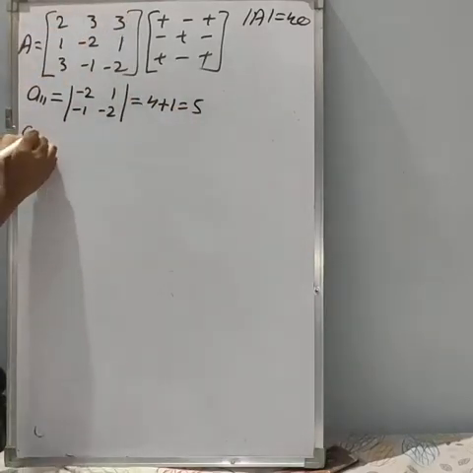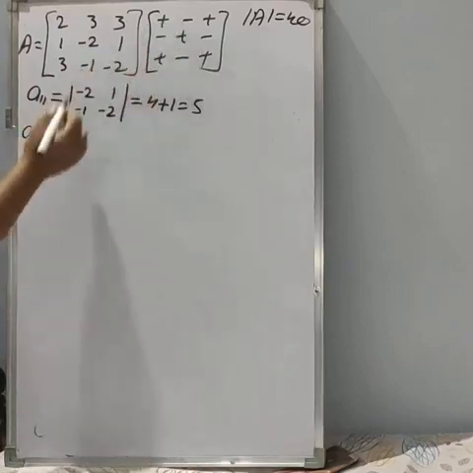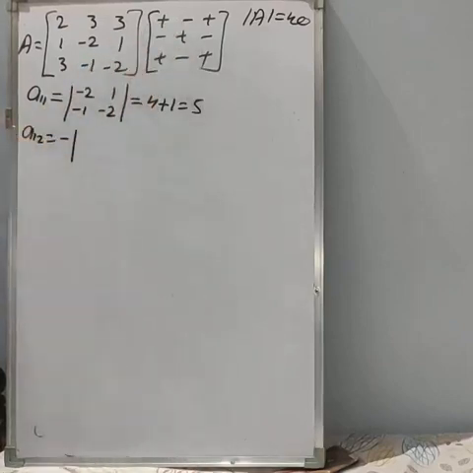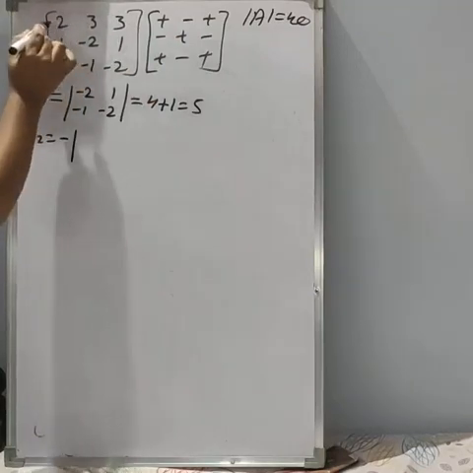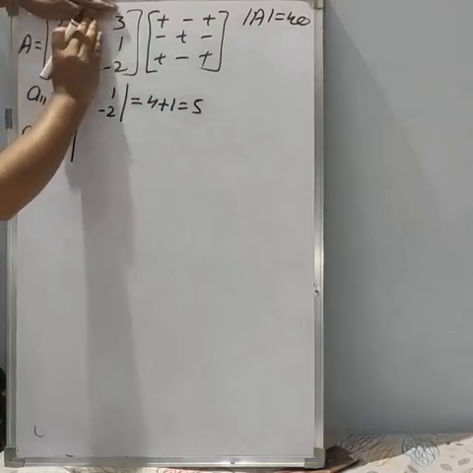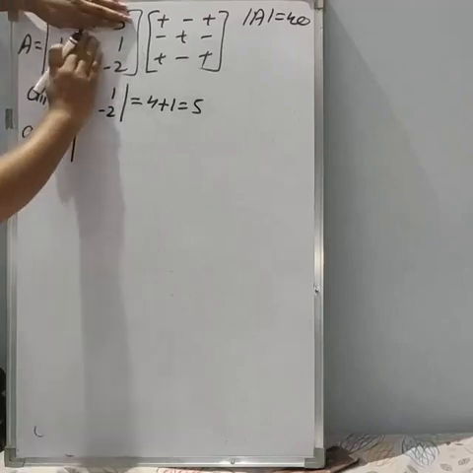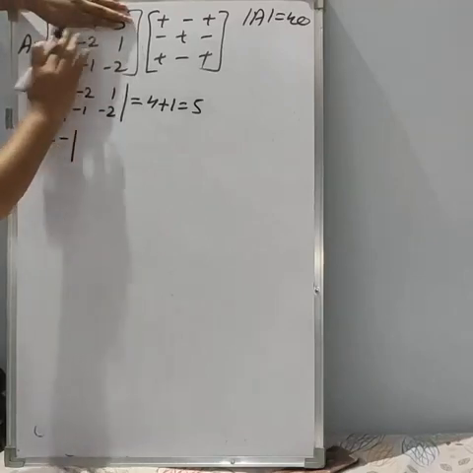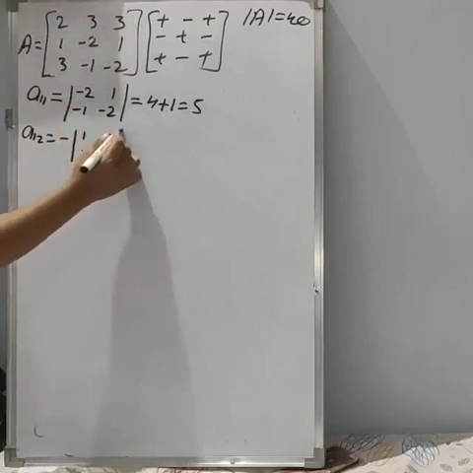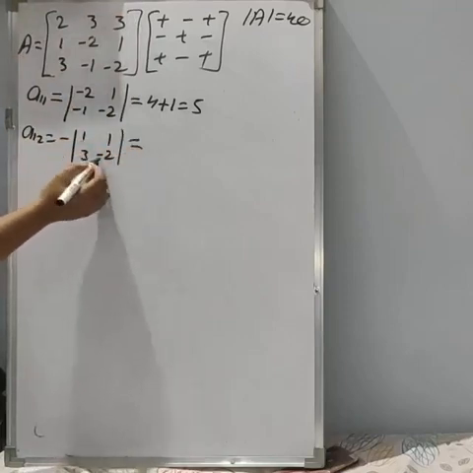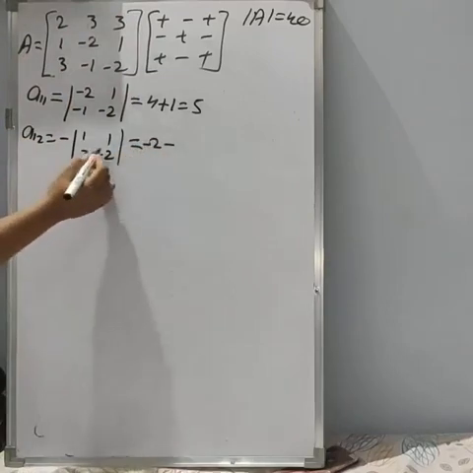Next, find A12. For this element we have a minus sign, so write down the minus sign. A12 means this element present in the first row and second column. So neglect this first row and this second column. You will remain with 1, 1, 3, minus 2. Now calculate this: 1 into minus 2 is minus 2, 3 into 1 is 3.